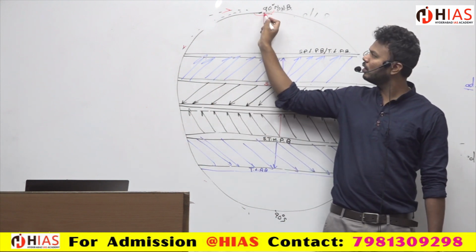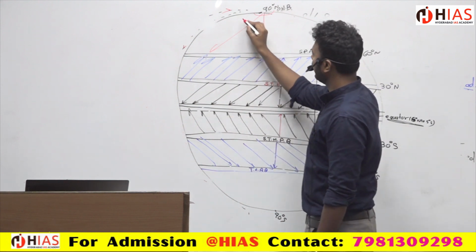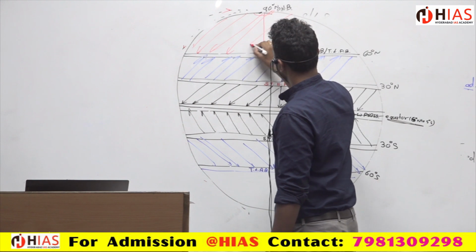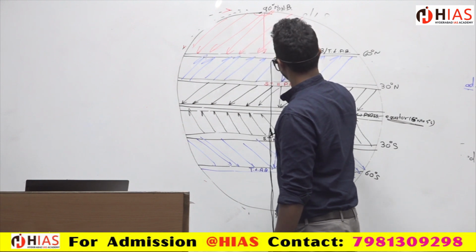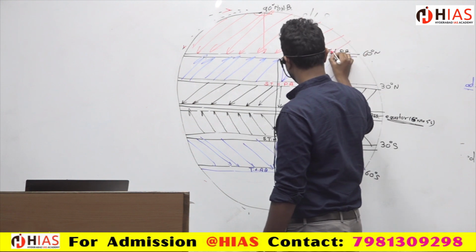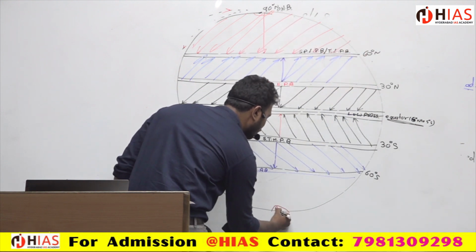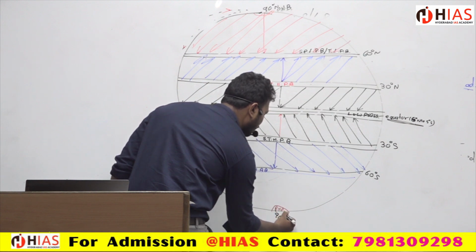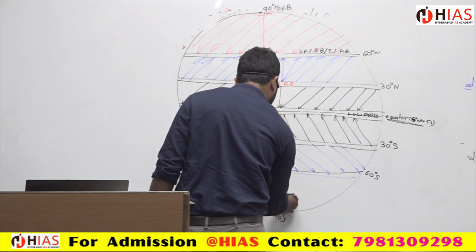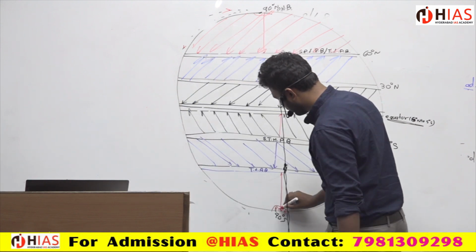So that means getting deflected towards the right side. And see here, this is a polar high pressure belt. So wind wants to travel from high pressure to low pressure, but it will deflect to the left side.